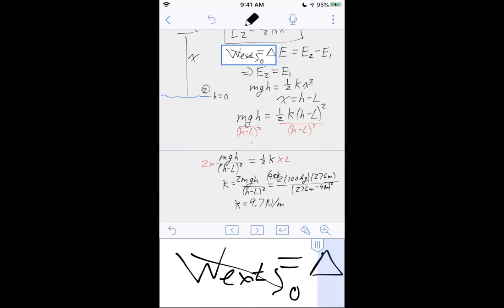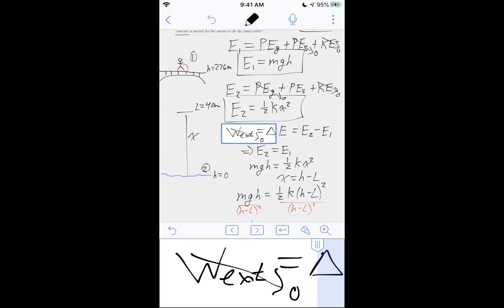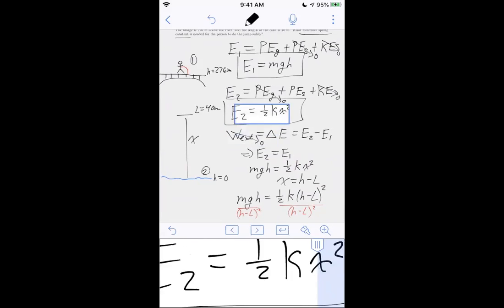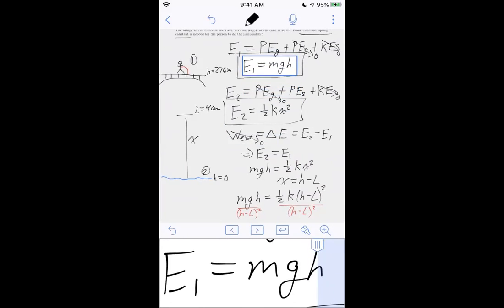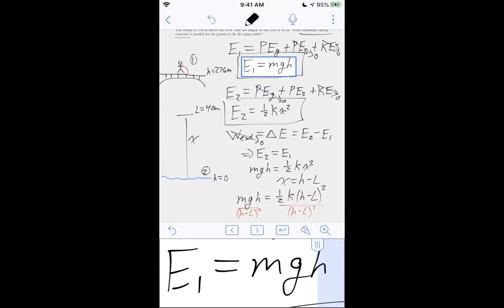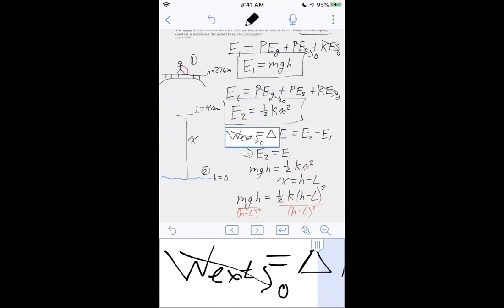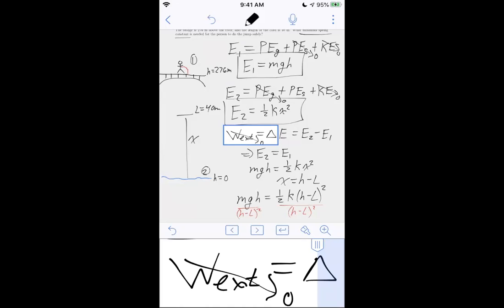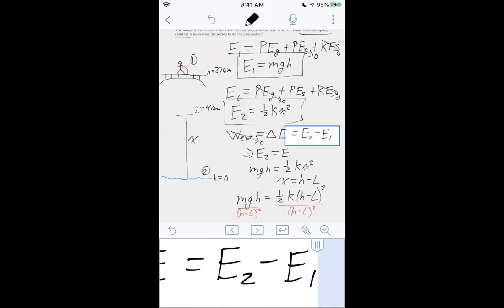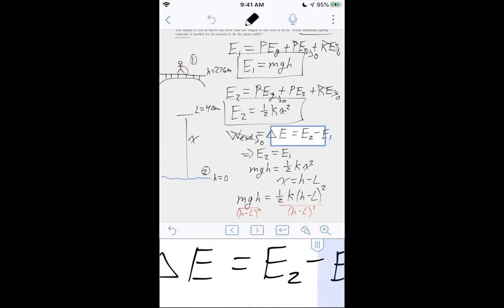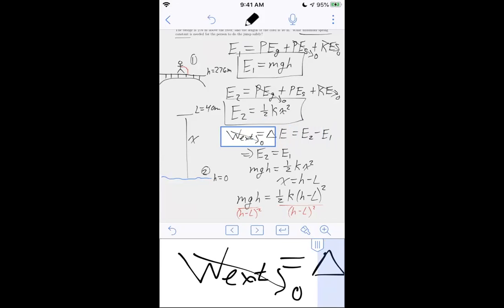So I think this procedure is: define your system, then write down the energy of the system at point 1 and the energy of the system at point 2, and then say the external work is equal to the difference between those, or the change in energy. Then ask, was there anything left out?